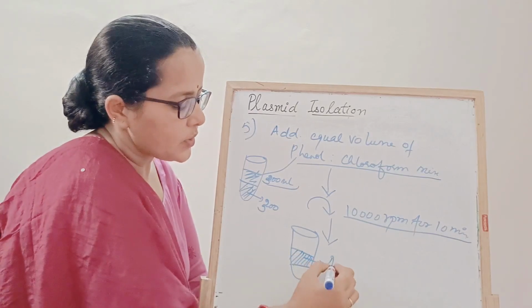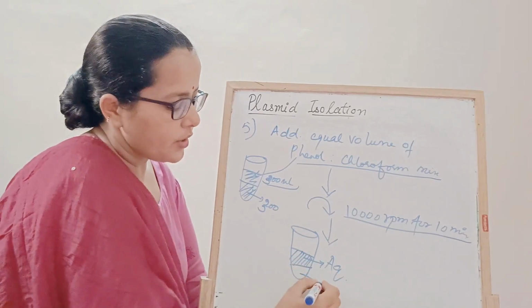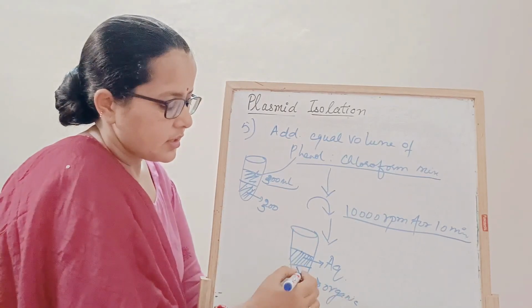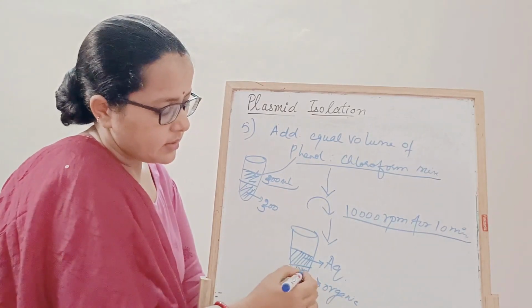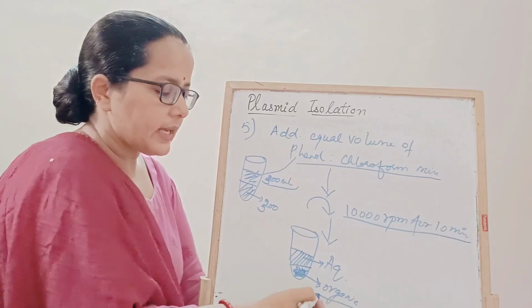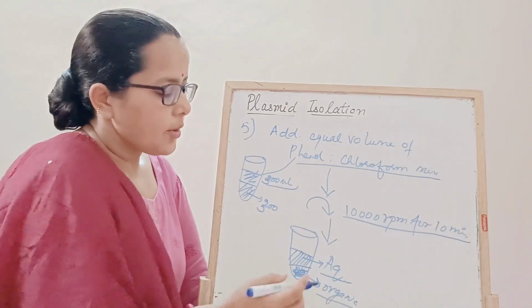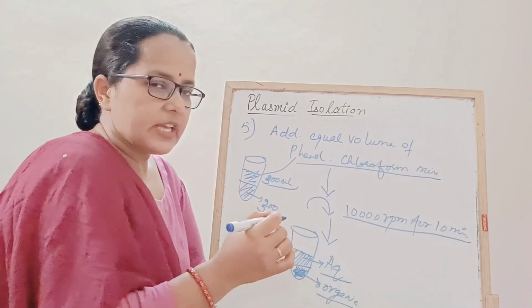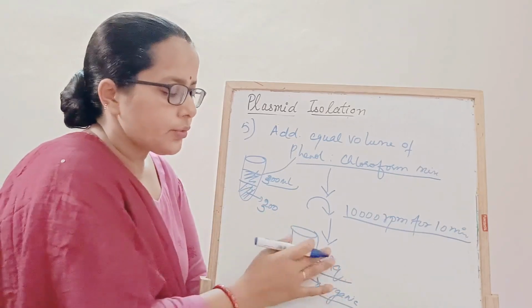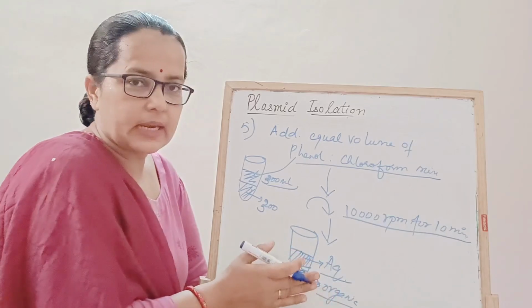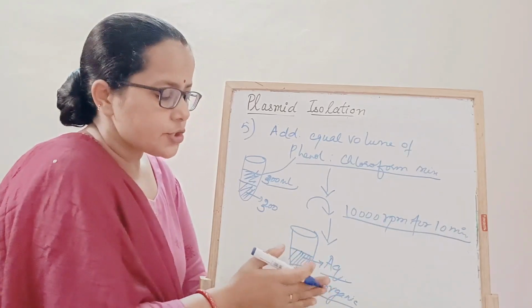One is your aqueous phase, one is your organic phase. The lower one is your organic phase and the upper one is your aqueous phase. Now this aqueous phase is of your interest. You want this aqueous phase and you don't want this organic phase. So the organic phase should be separated.